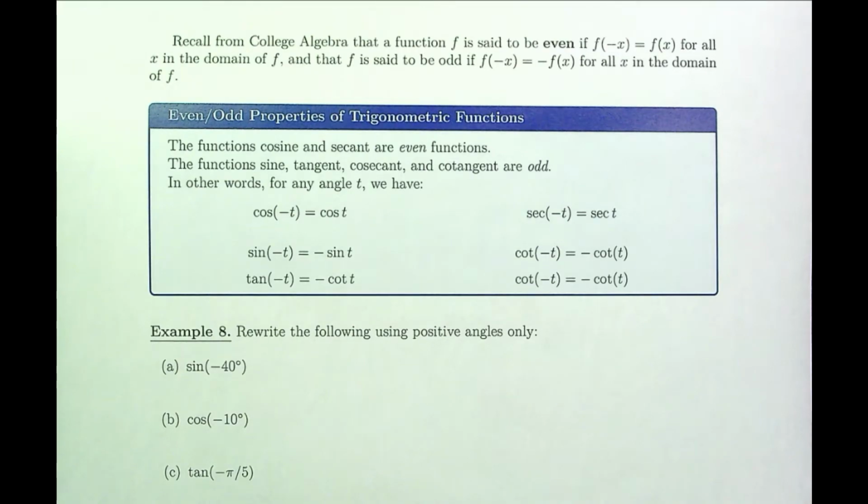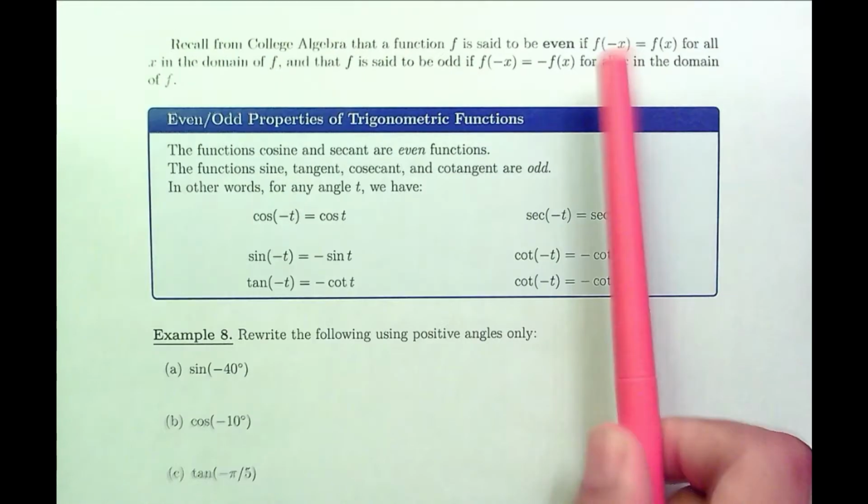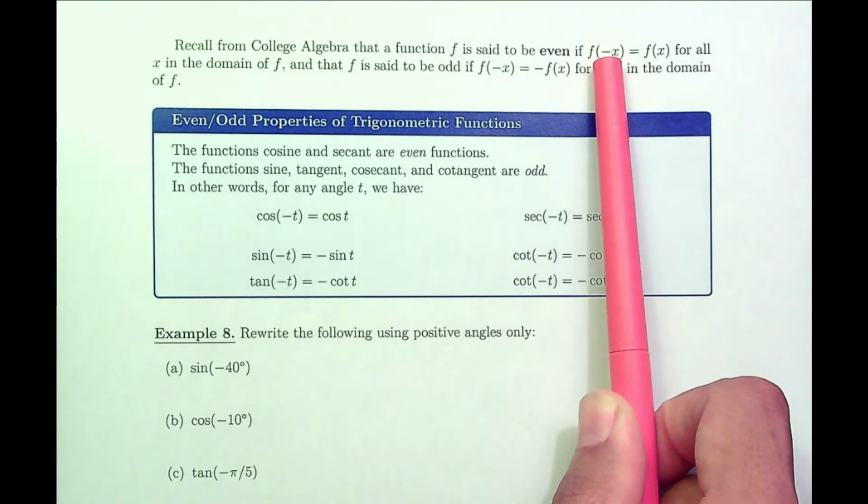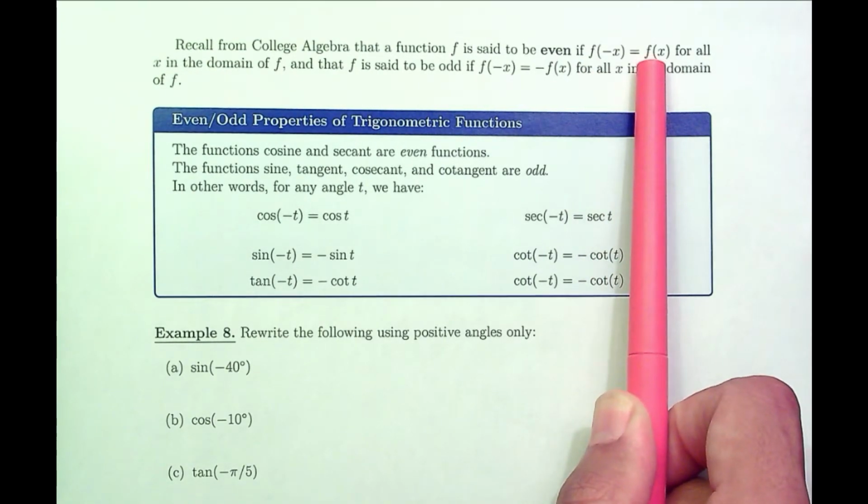Now, changing topics. Another property of trig functions that you should know is the even and odd properties of trig functions. So recall from college algebra that a function is said to be even if when you plug in a negative x and you simplify, you get the original function, f of x.